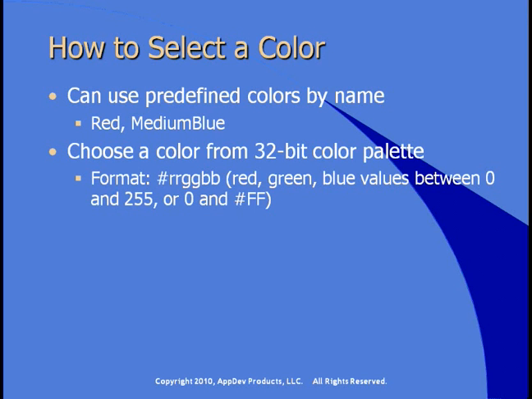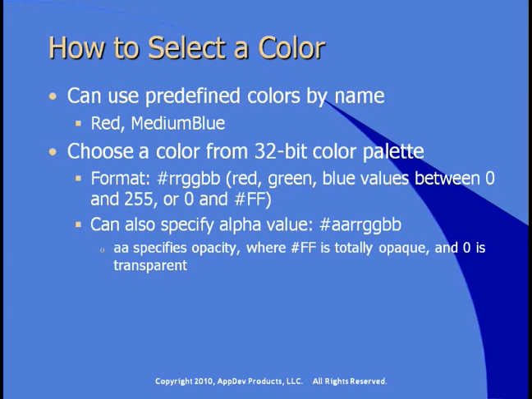And that's what you'll need to use, the hexadecimal value, if you're using this format. You can also specify an alpha value that indicates the opacity, where in this case FF is totally opaque and 00 is transparent. So in that case you would have a hash mark and 8 numbers representing the opacity, the red, the green, and the blue portion of the color.